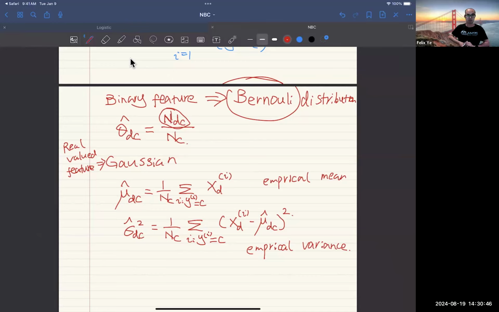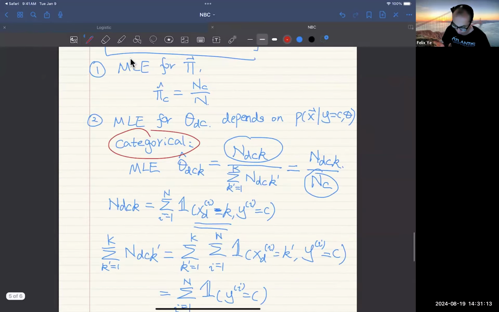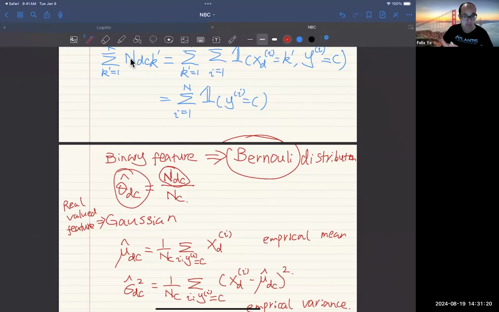All right, so you can see this is quite simple and efficient. All we need to do is some counting. Once we do the counting, we just calculate either categorical or multivariate probabilities or Bernoulli distributions, which correspond to theta hat dck, or theta dc if it is binary.